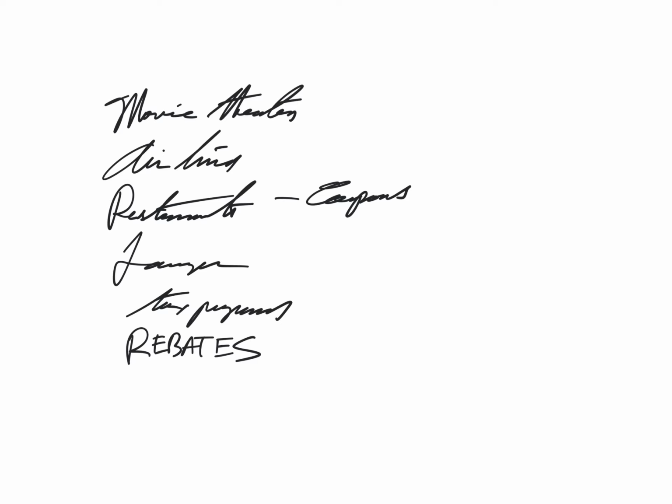Now, keep in mind, the company doesn't want you to fill out the rebate. They don't want you to get the rebate. And they do several things to keep you from getting it. So they're selling the rebate, but they're going to make you jump through several hurdles to actually get it.